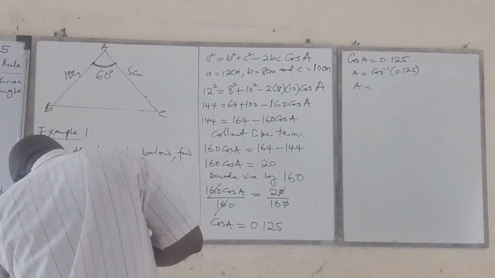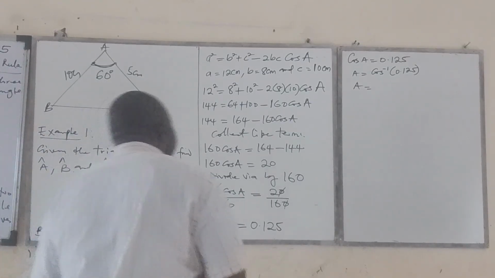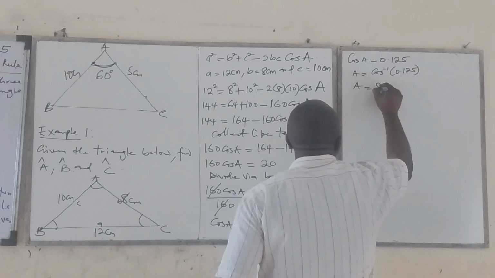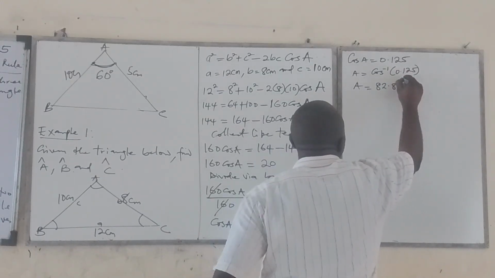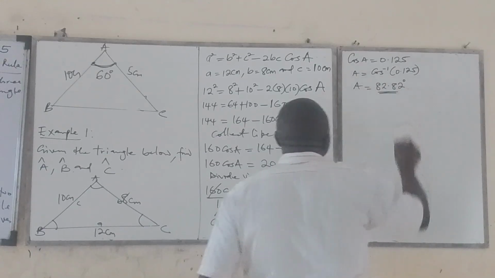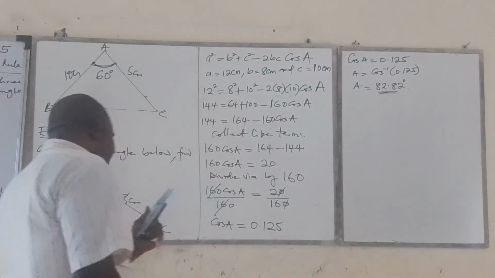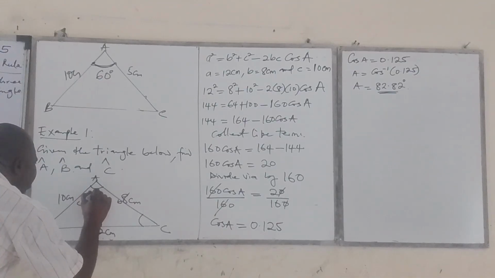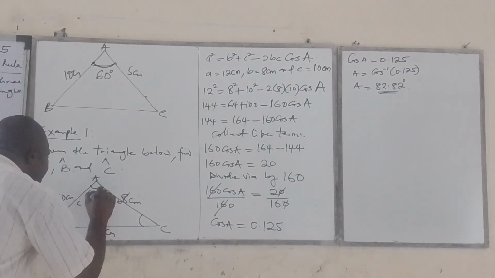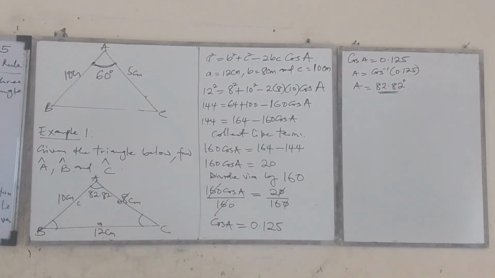That will give us 82.8282 degrees approximately. So that's the value of our A, and this angle here is 82.82.